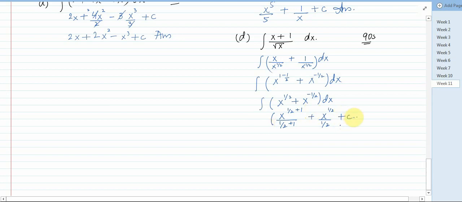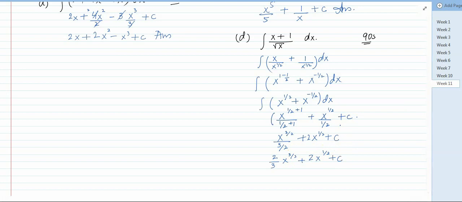So the final will be x to the power 3 upon 2 divided by 3 upon 2, plus x to the power 1 upon 2 divided by 1 upon 2, and these 2s will be in the numerator. The final will be 2 over 3 x to the power 3 upon 2 plus 2x to the power 1 upon 2 plus c. Alright, so that is your final answer.